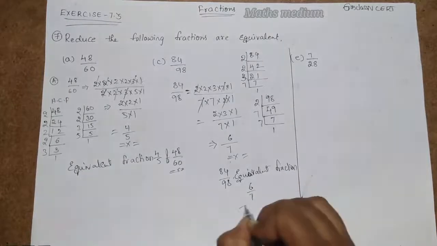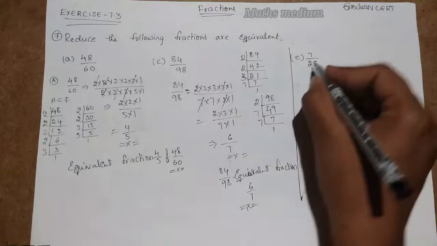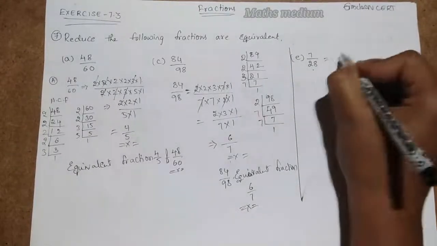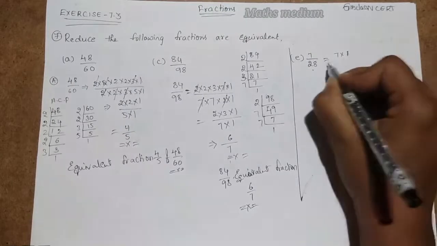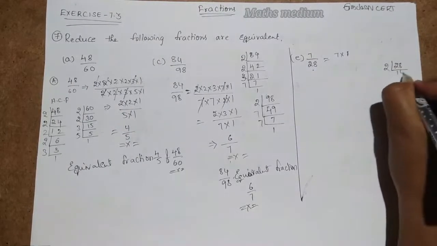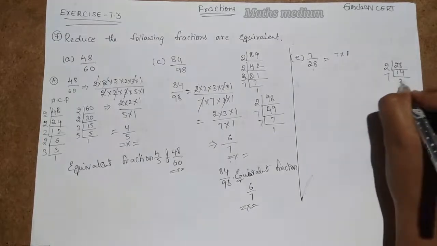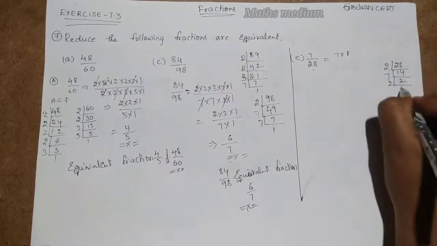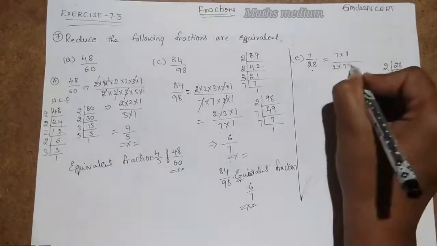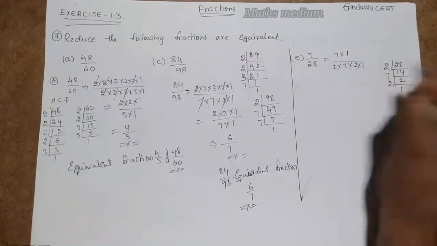Next coming to this, 7 by 28. So we have 7 as 7 into 1, but coming to the 28 we have to make HCF. So 2 1s are 2, 2 4s are 8, 7 1s are 7, 2 1s are 2. So this is 2 into 7 into 2 into 1.